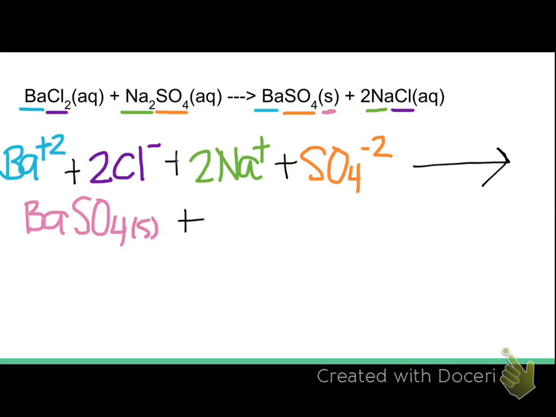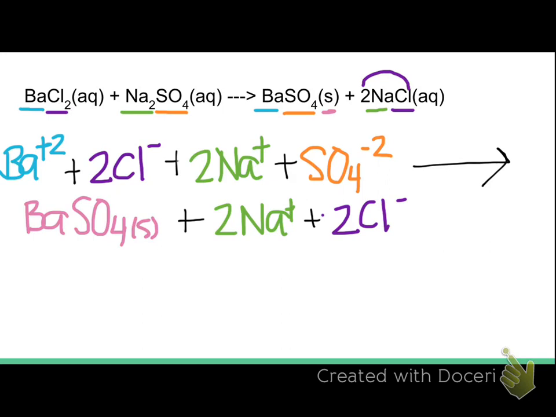But our sodium chloride is going to break apart, so let's include that in there. 2Na plus. Now remember that 2 in front as the coefficient is going to distribute out. 2Cl minus. All right, so that is step 2. That's our complete ionic equation.